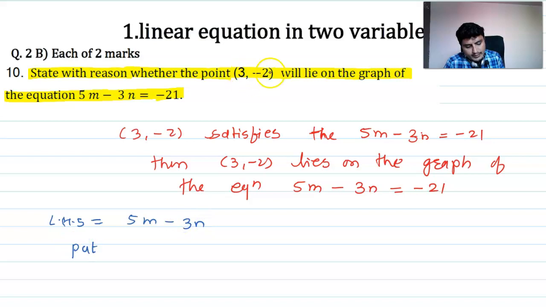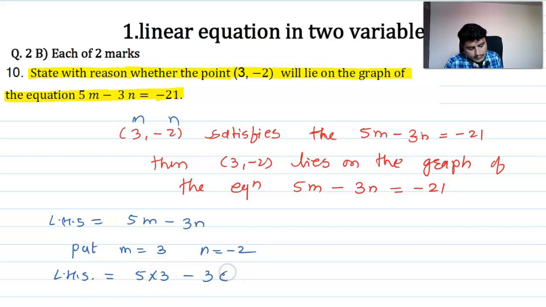We have the point (3, minus 2), which means the m value is 3 and the n value is minus 2. So let us replace m by 3 and n by minus 2. Now the LHS is of the form 5 into 3 minus 3 into minus 2.